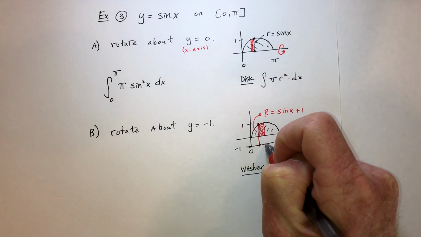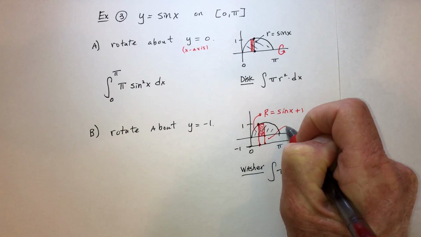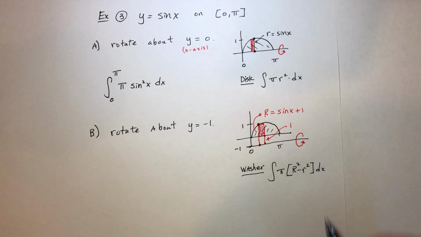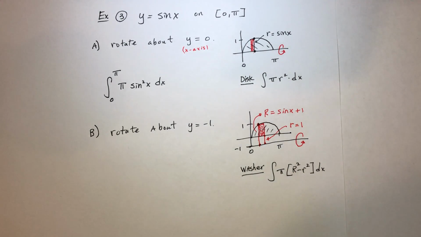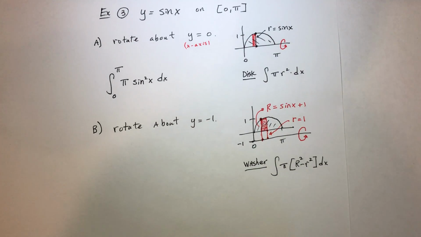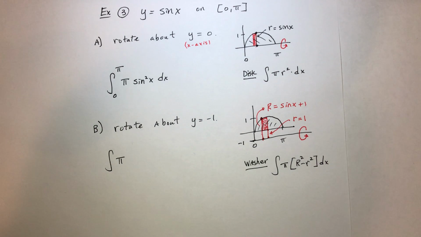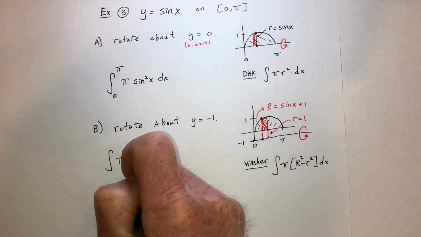Then for the small radius, that goes from the axis of rotation to the bottom of the rectangle. And the length of this is just 1. Oops, I forgot to put the little r. Okay, so for the setup, it'll be integrate pi, and then this capital R needs to be squared.